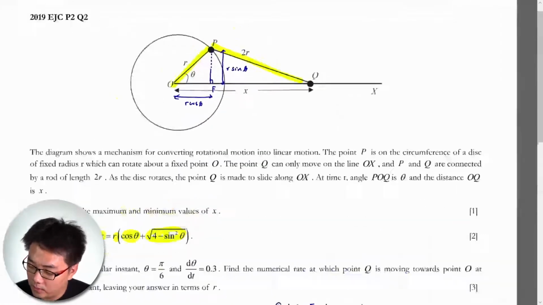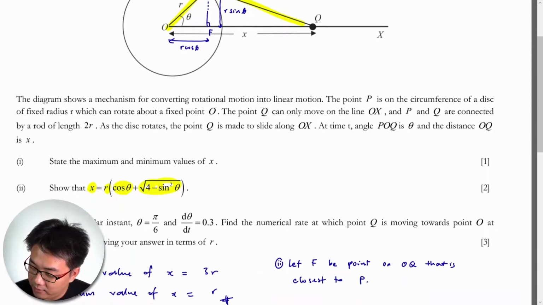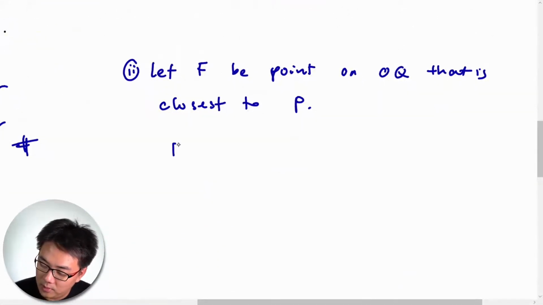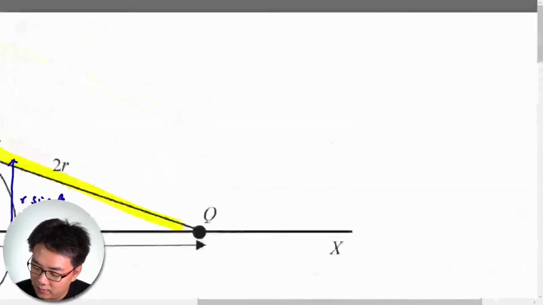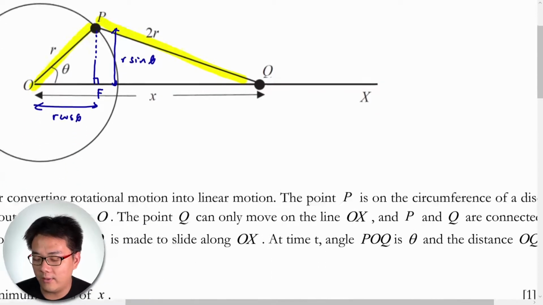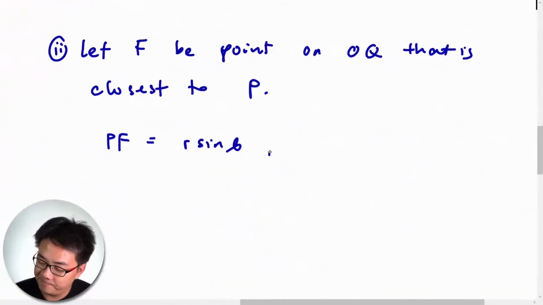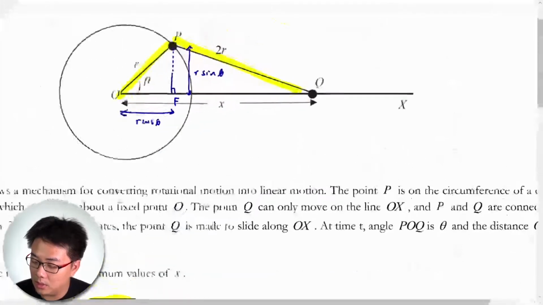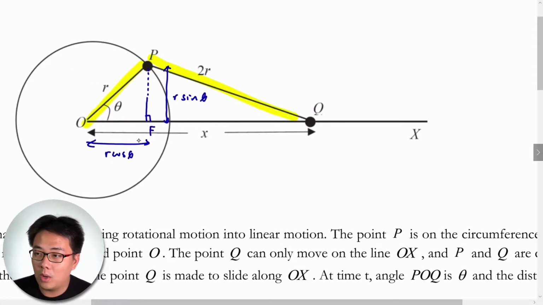So that's okay. Hence PF would be r sine theta. Then after that you have OF as r cos theta. Just use the trigonometry formula.